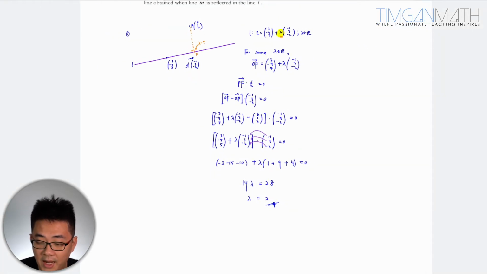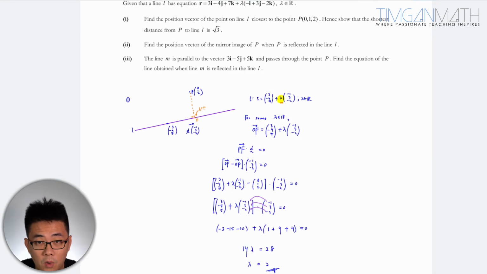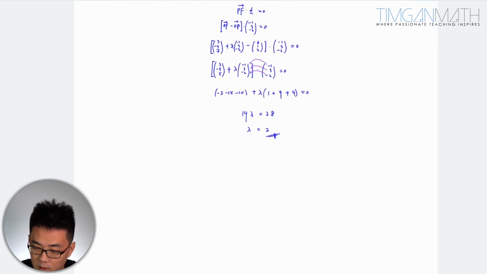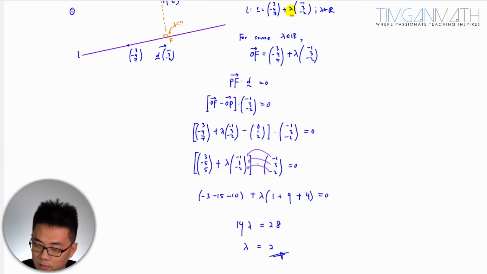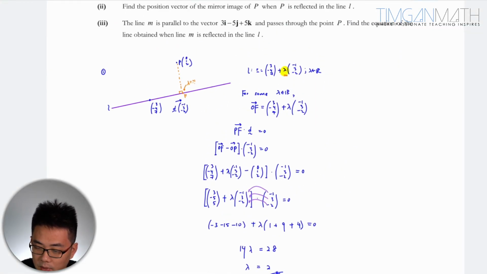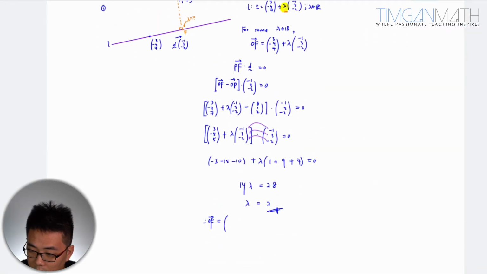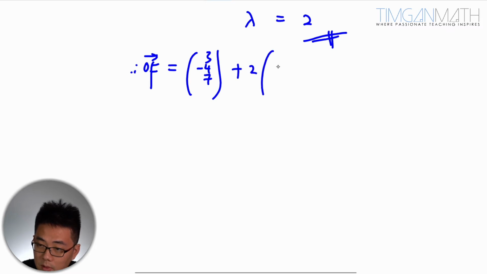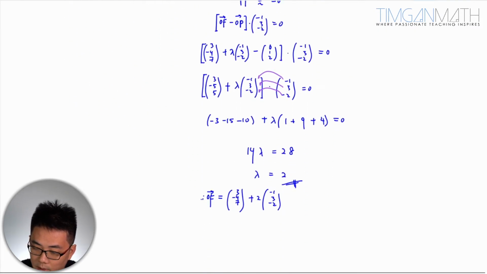So if lambda is 2, we can find OF, which is the point. Hence OF equals, just sub lambda back into the line equation: (3, -4, 7) plus 2 (-1, 3, -2).